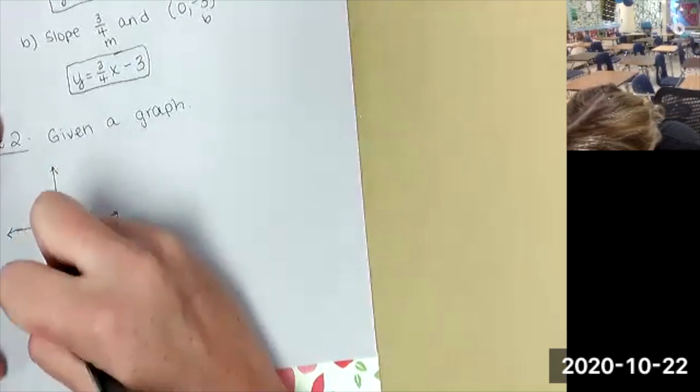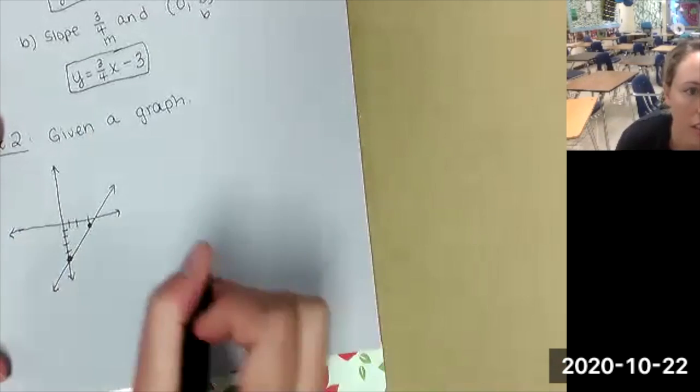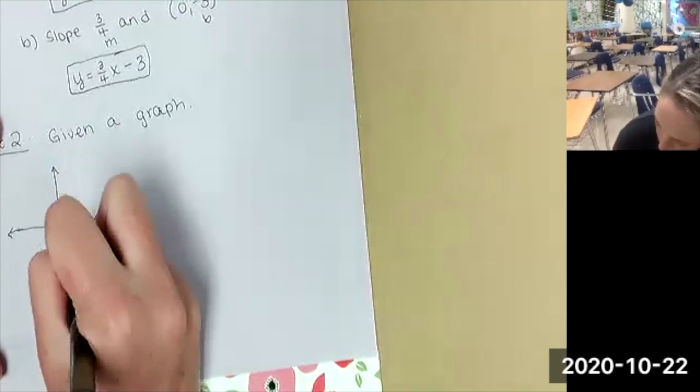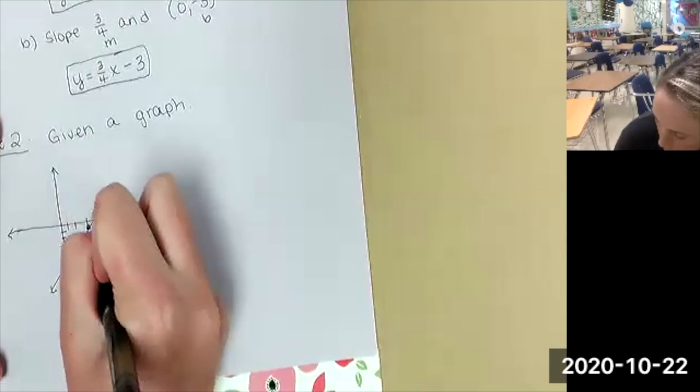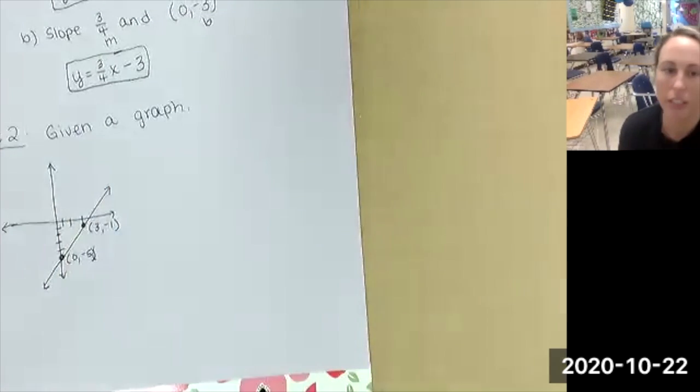Okay, and we got a line going through these. So this is the point (0, -5). And this is the point (3, -1).